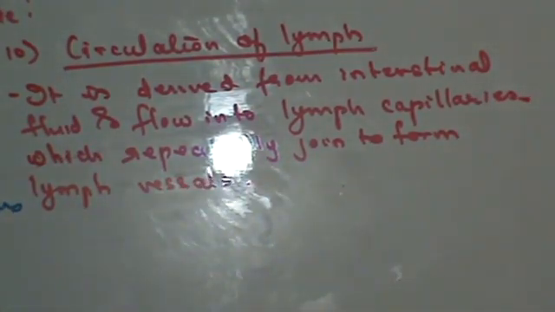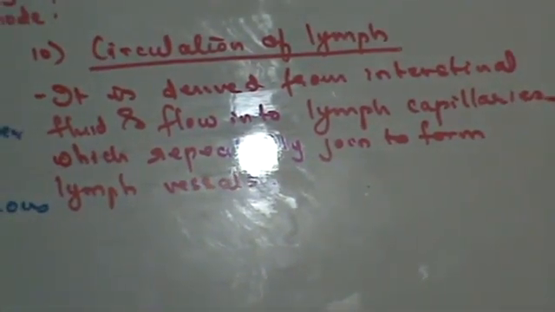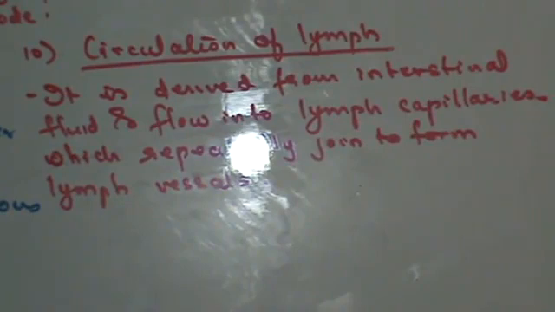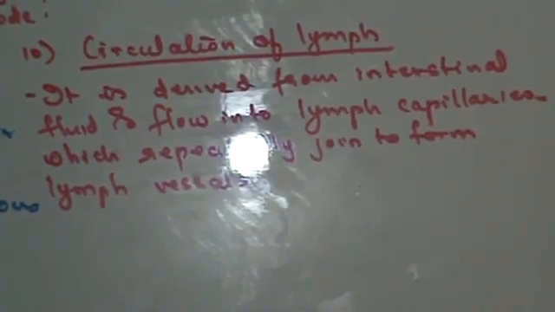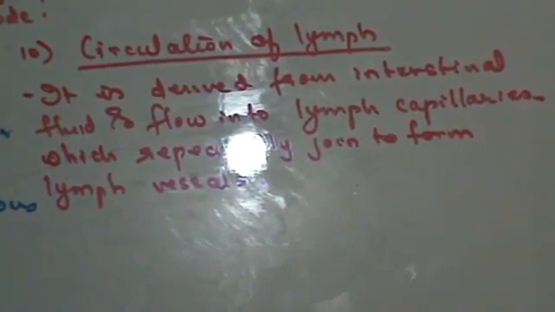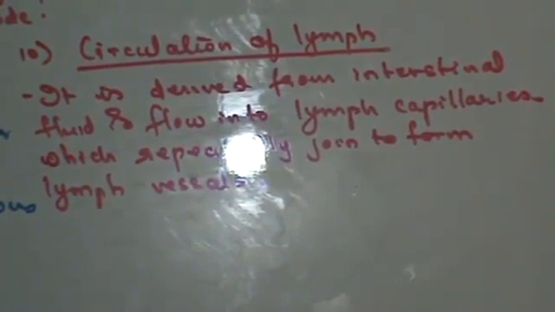So the interstitial fluid first goes into the lymph capillaries. These lymph capillaries join to form the lymphatic vessels, right? And the lymphatic vessels then join together to form the two big lymphatic vessels, which are the thoracic duct and the right lymphatic duct, right?